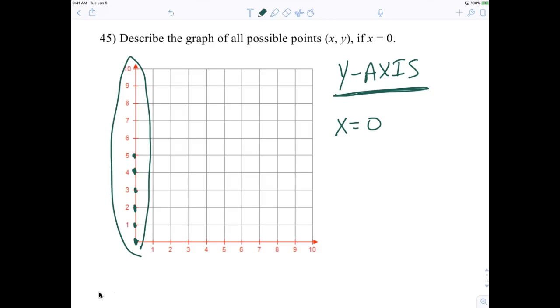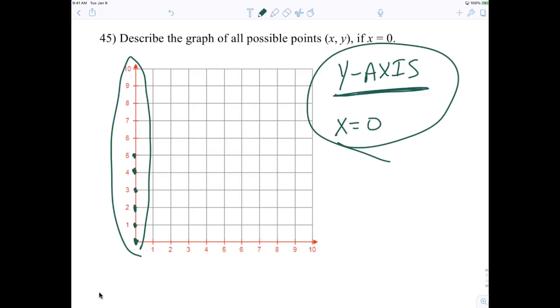The x-axis is probably when the domain is... Wait a minute now. How did I describe the y-axis? How did I describe the y-axis? Like right here. What did I say?